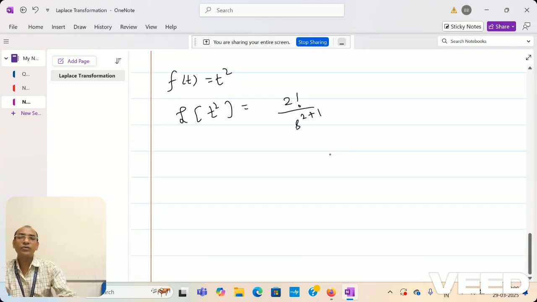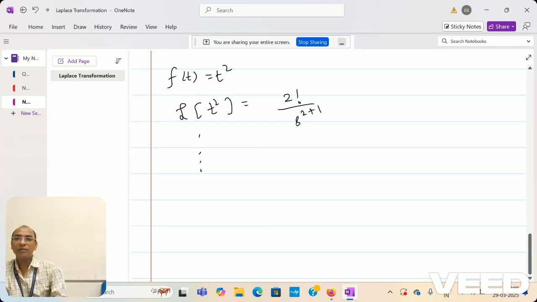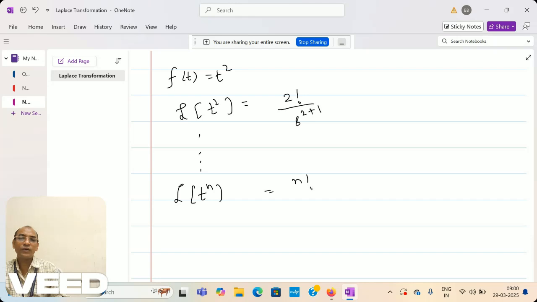And so on. So if I take the Laplace transformation of t to the power n, then we will get n factorial divided by s to the power n plus 1.